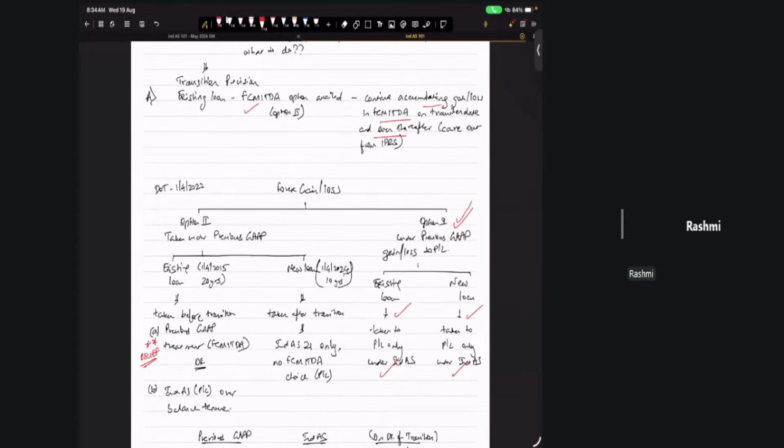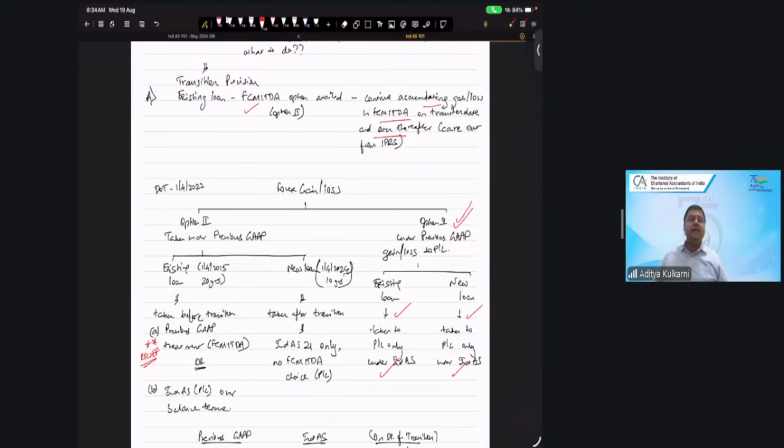Now, let us suppose you had availed the benefit of para 46A for an existing loan. Now, I have two options available.